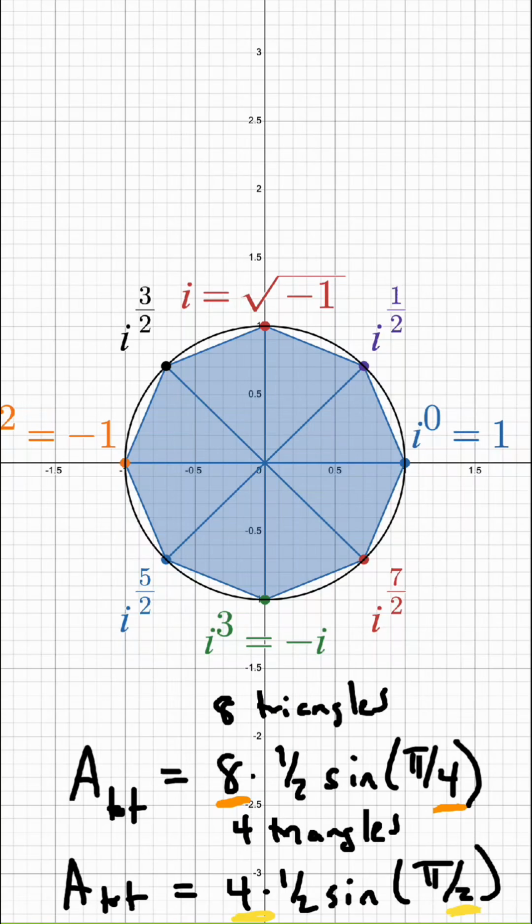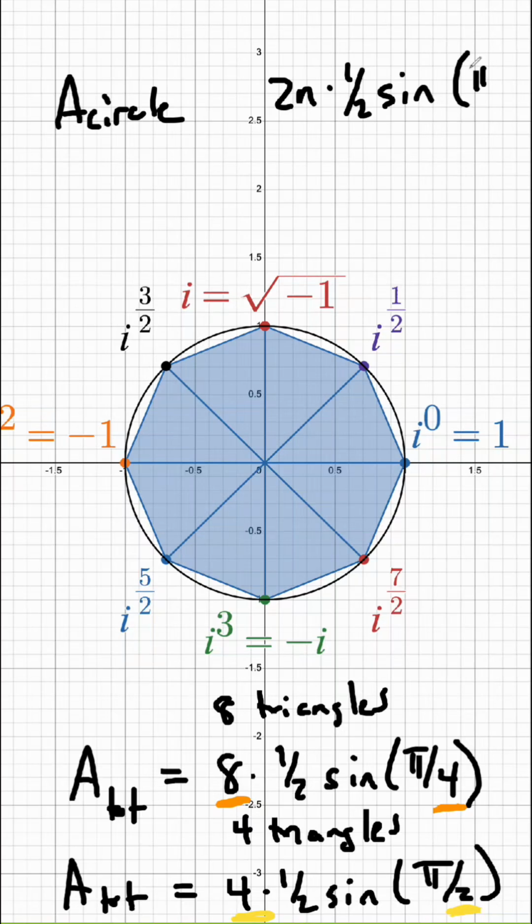And so if we wanted to generalize this result, we could say that the area of a circle is going to be 2 times a number n times 1/2 sine of pi over that number.